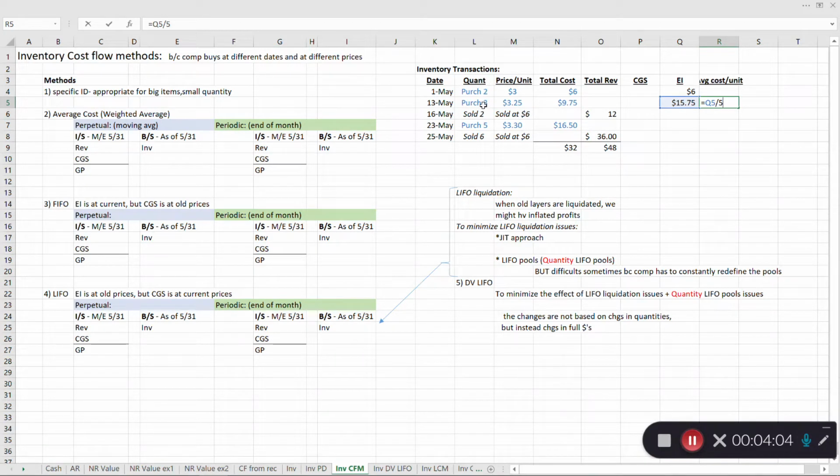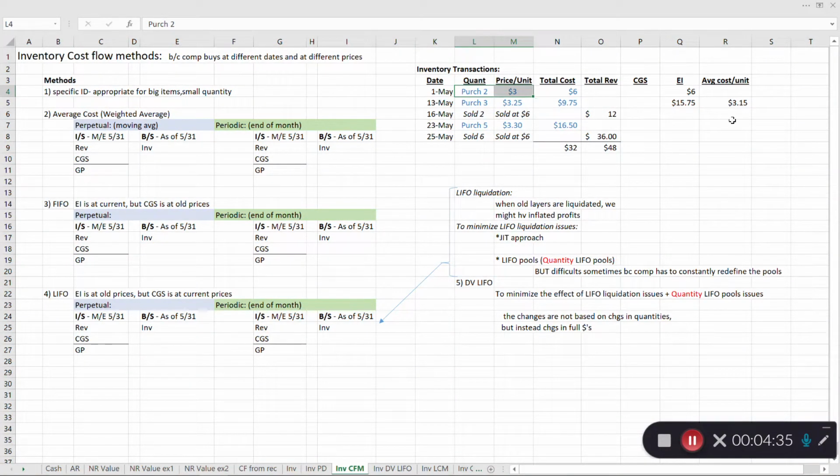So far we have a total of 5 units for an amount of $15.75, and that gives us an average cost per unit of $3.15. And it's weighted because these right here, since there's a higher frequency, are going to influence the average upward more than these right here. Notice that $3.15 is closer to $3.25 than to $3. That's what the weighted average effect will do.